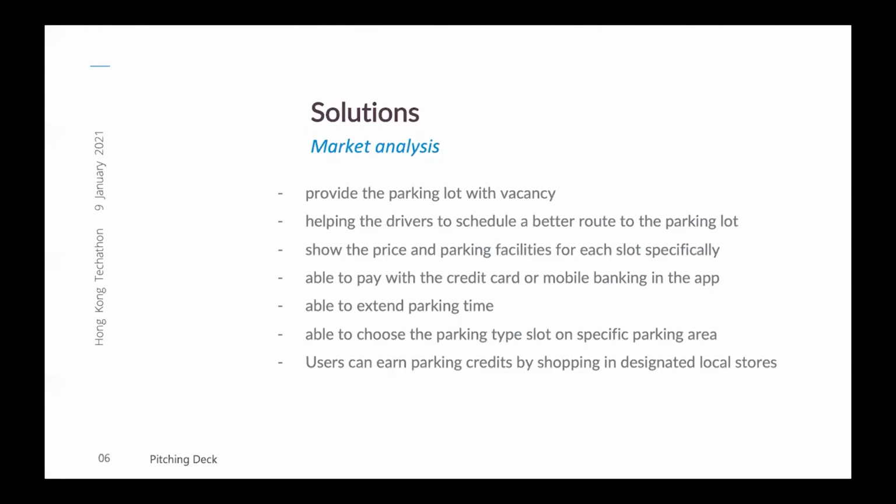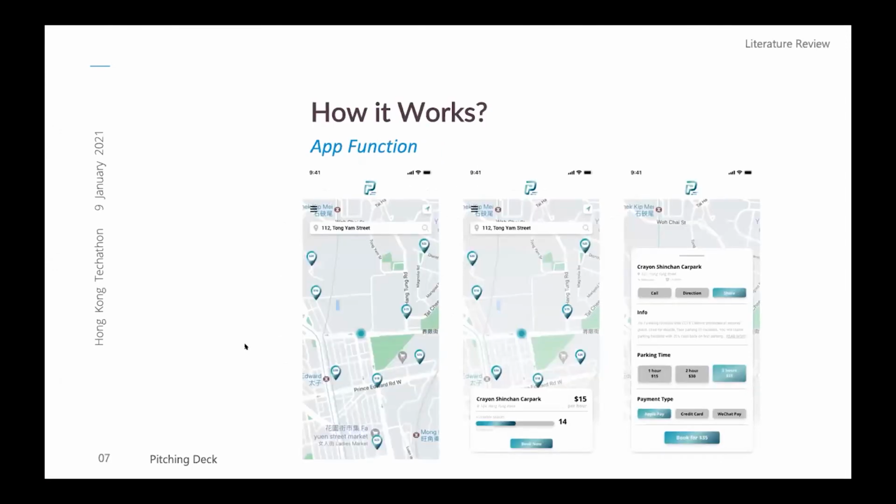The solution we provide is an app showing parking lot vacancy and helping drivers schedule a better route to the parking. Let me show you the interface we have designed. The user simply presses on the prices they want to choose a parking space, and then the app shows the information of the parking space.